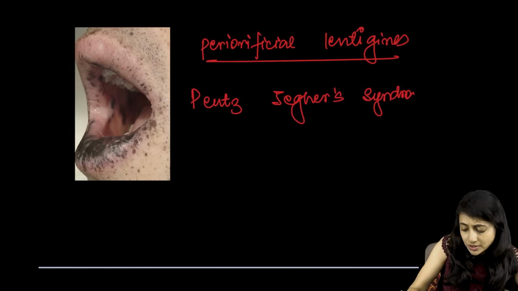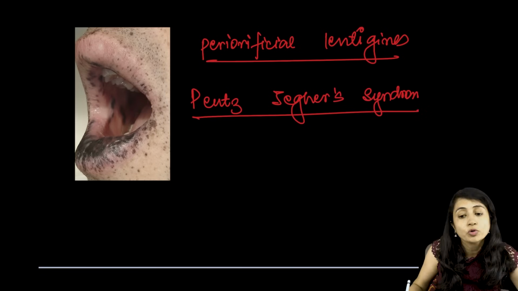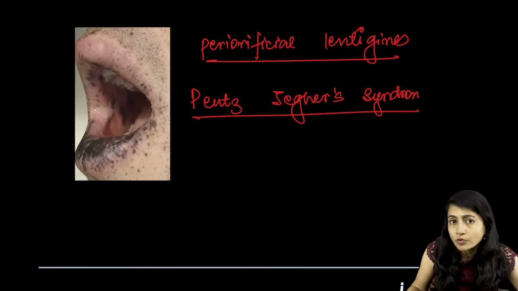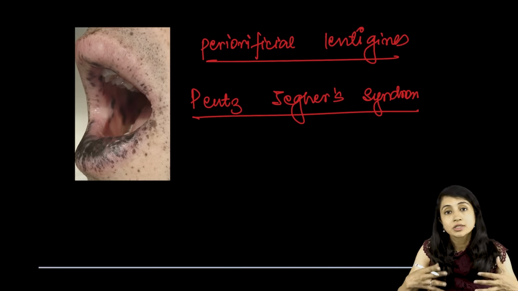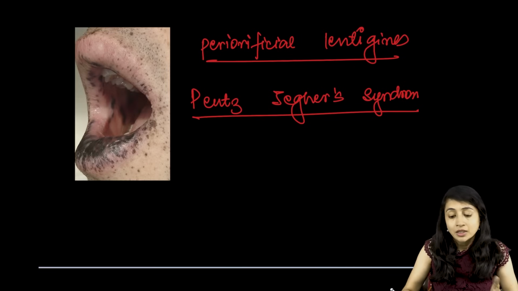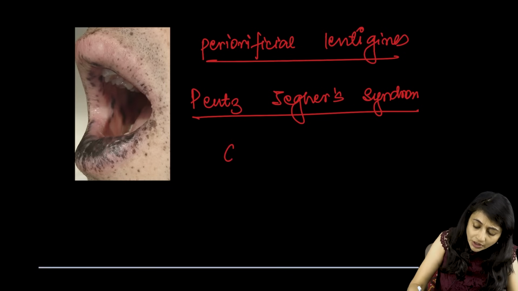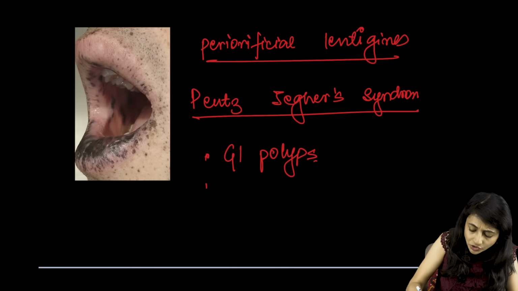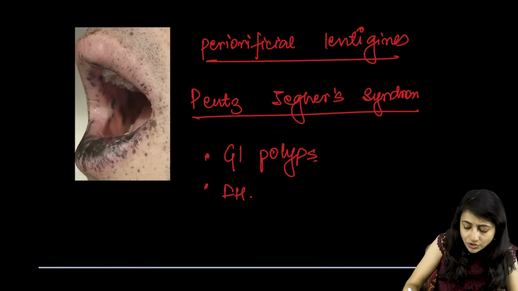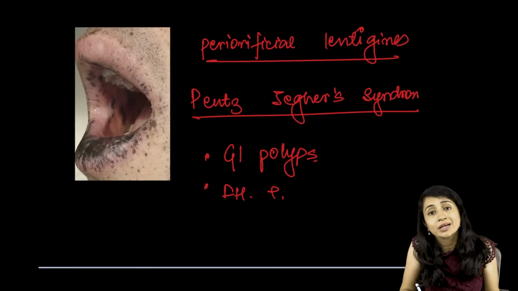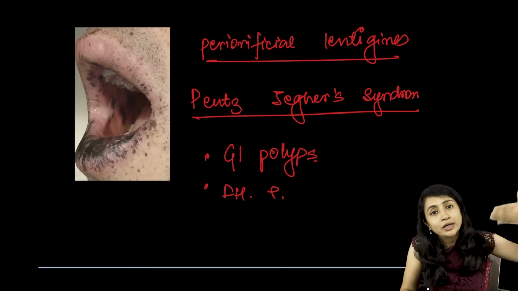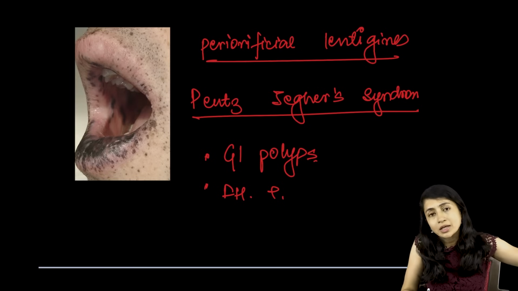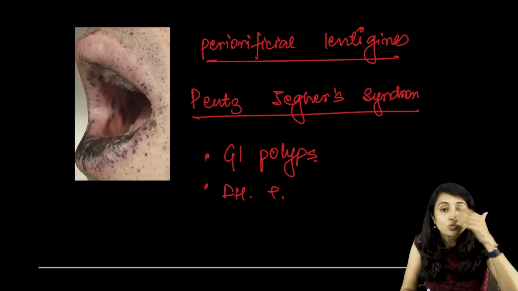Peutz-Jeghers syndrome is a GI polyposis syndrome. So, apart from periorificial lentigines, which is the clear-cut sign, you have GI polyps here. Then, in the history, they can give you a family history of a similar condition, or they can say the father died of polyposis or stomach cancer or something like that. So, what will you do?